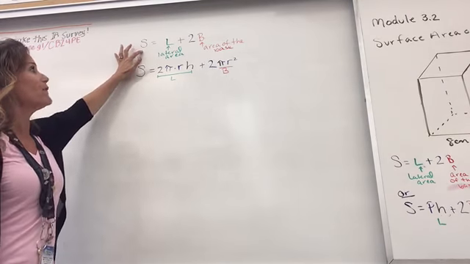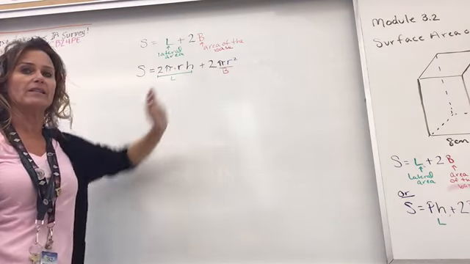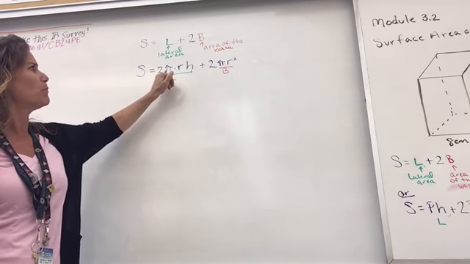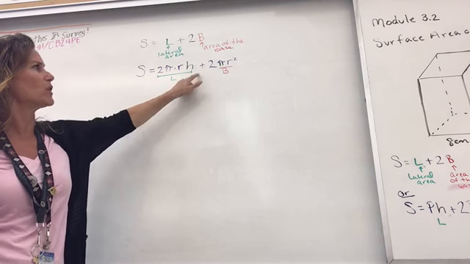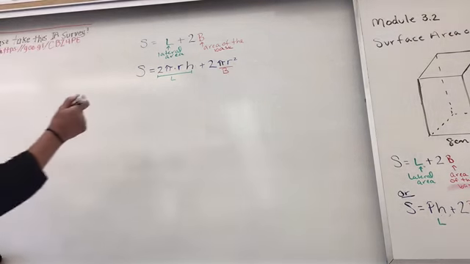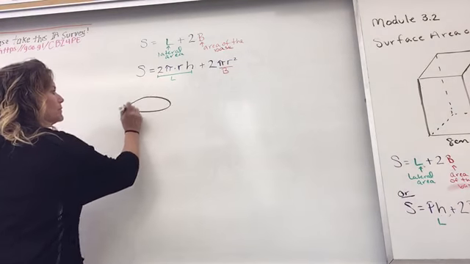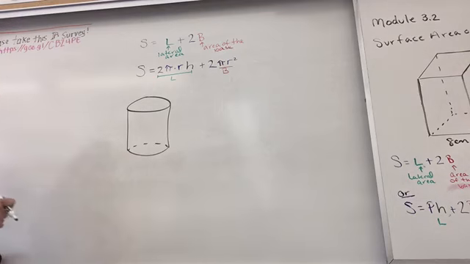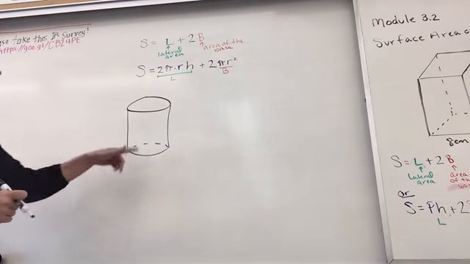So surface area is defined as the lateral area plus 2 bases. This is what it breaks down to. 2 pi times r times h plus 2 pi times r squared. And the reason being, if we talk about a cylinder, so here's my cylinder. What shape is the base? It's a circle.